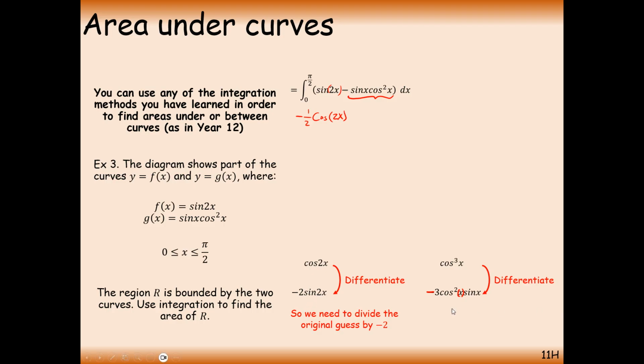So what's missing in our integral is actually a factor of 3. We already have a negative sign there, which is great. So we will simply put a positive cos cube there, with a factor of a third in front of it.